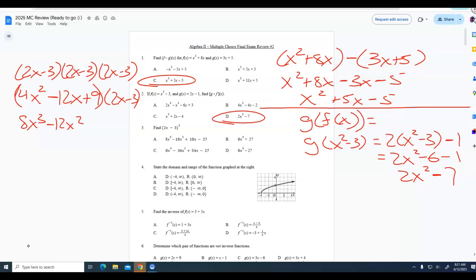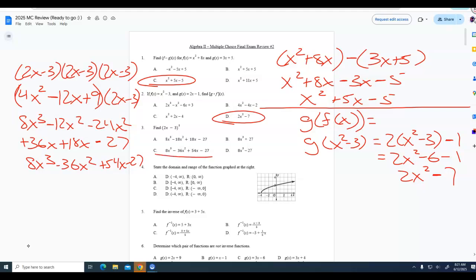Negative 12x times 2x, negative 24x squared. Negative 12x times a negative 3 is plus 36x. 9 times 2x is 18x. 9 times negative 3 is negative 27. And then we've got to combine our like terms: 8x cubed minus 36x squared plus 54x minus 27. So that answer is going to be C.